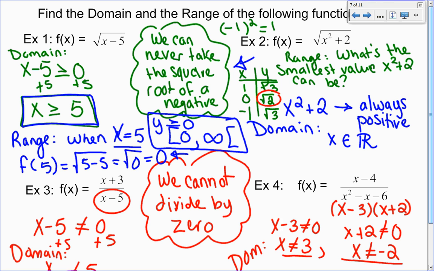And it's just going to keep getting bigger and bigger. When x gets more and more negative, this square root is still going to continue to grow because we're squaring our x. So our range is going to be y is greater than or equal to the square root of 2. Or we can say it's from the square root of 2 to infinity.